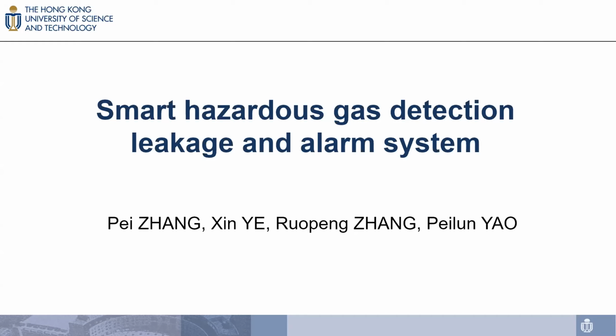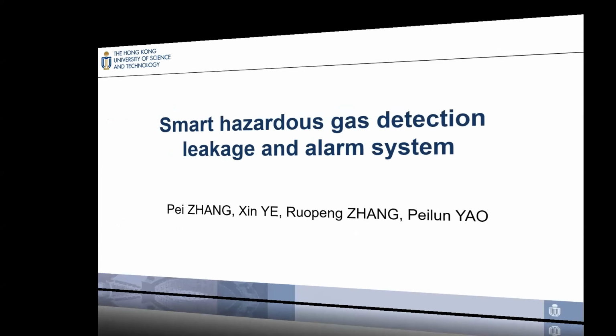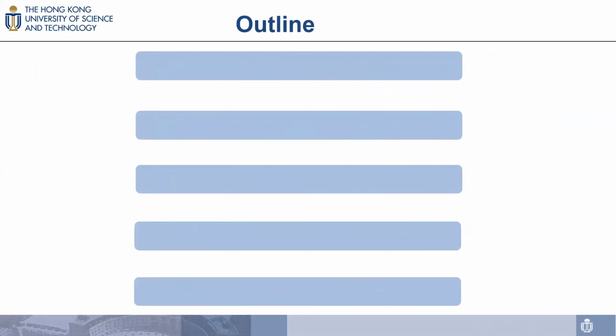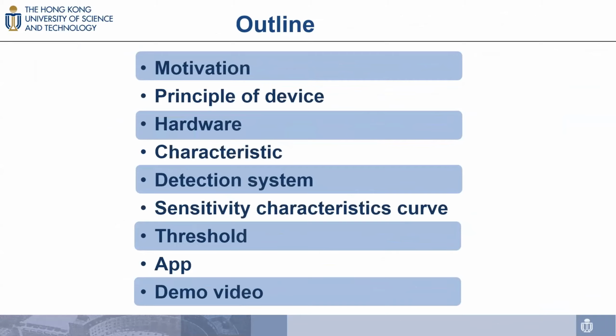Today I'll do the application program. This is about a smart stress detection method and analysis system. We will talk about the motivation for our project, and we introduce the principle of our device. I talk about hardware and the characteristics of our device.